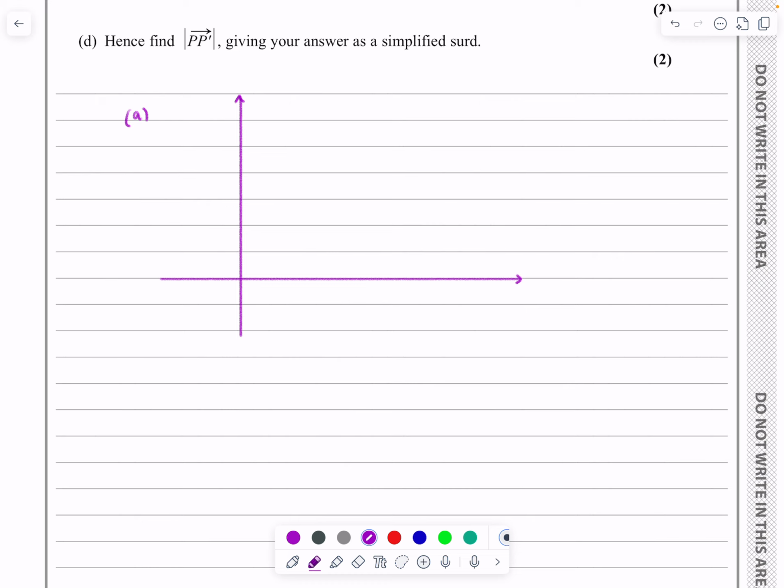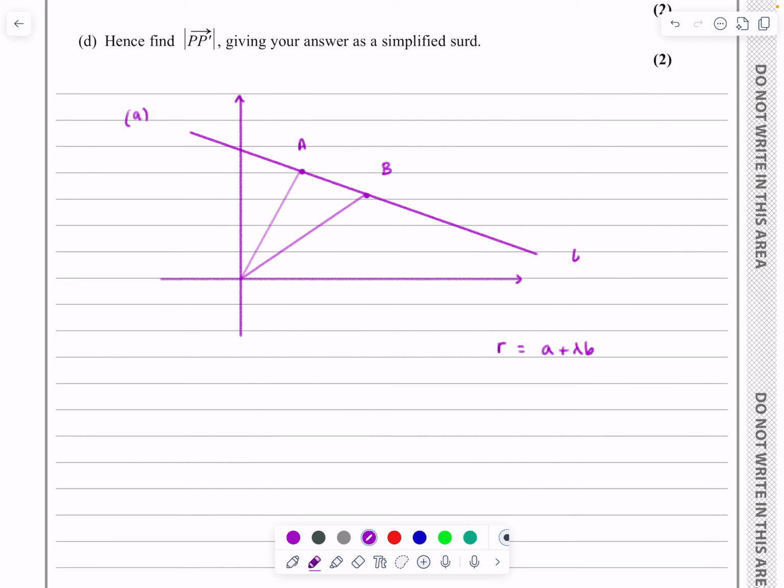What they're telling me is that I've got a line L, let's just put it there. Say for example, this line L is passing through a point A and passing through the point B. If I want to find the vector equation of this line, the vector equation of a line, r equals a plus lambda b.